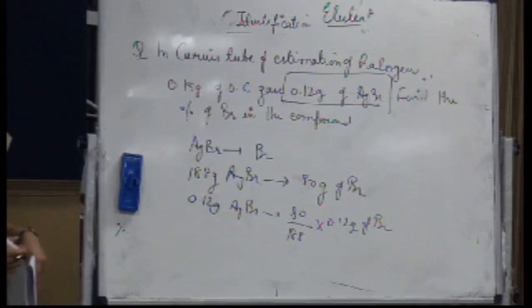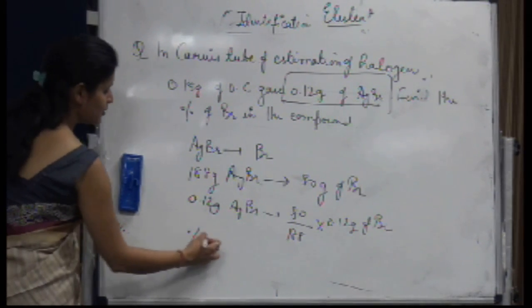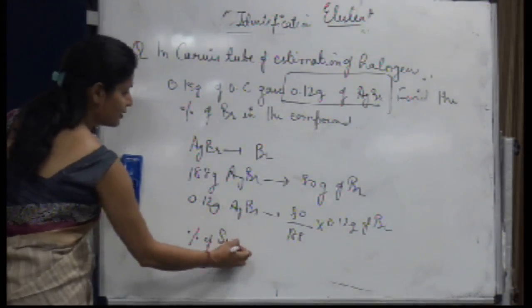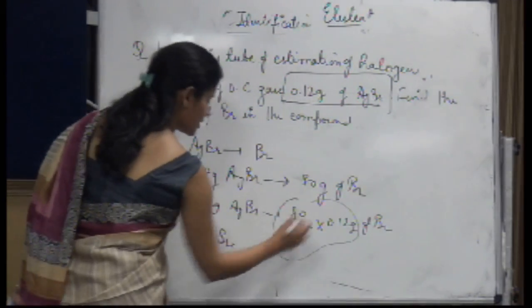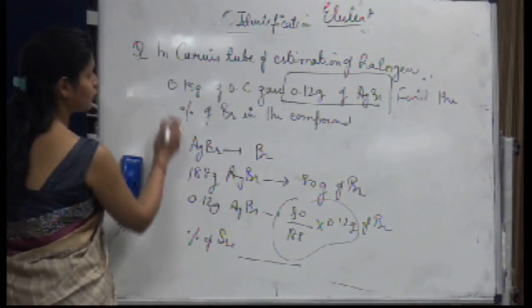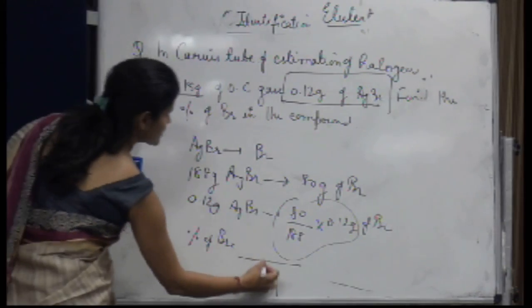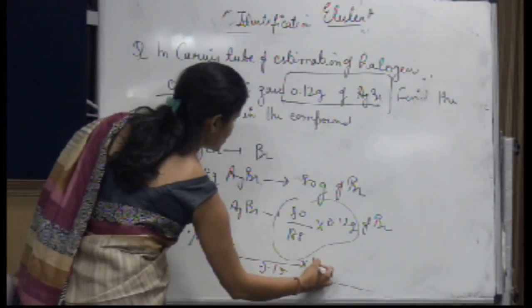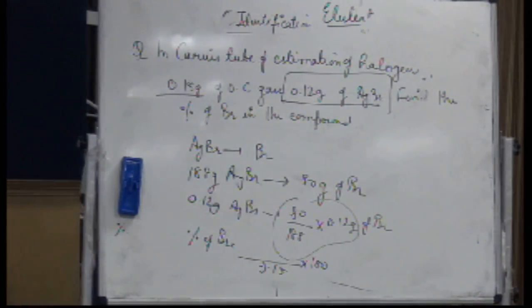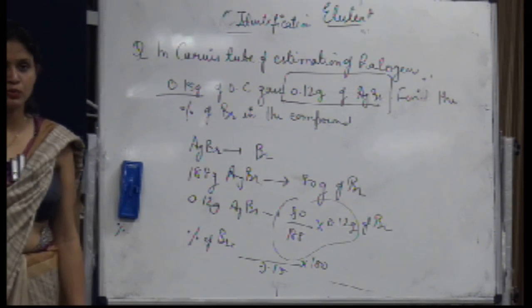And if I want to find out the percentage of bromine, then the same amount divided by the total mass, that is 0.15, into 100. Understood? Yes, ma'am. All of you. Yes, ma'am.